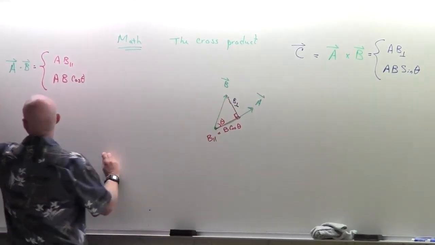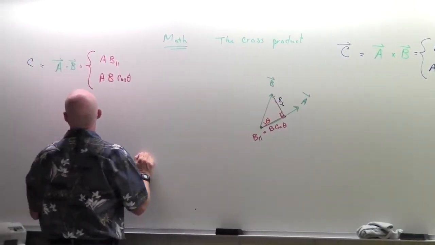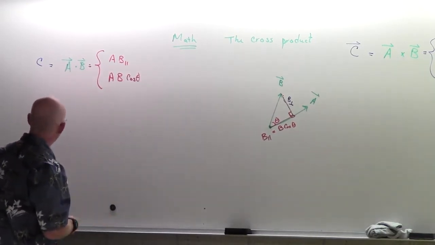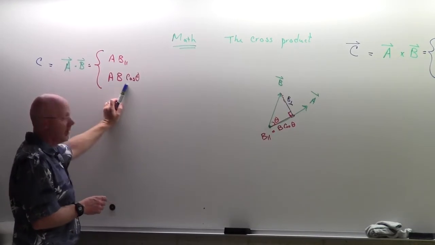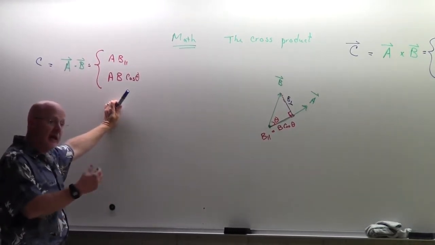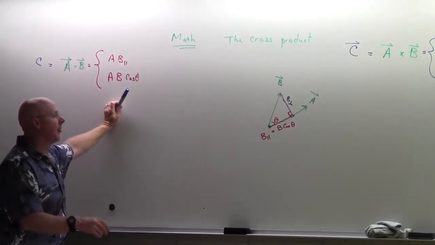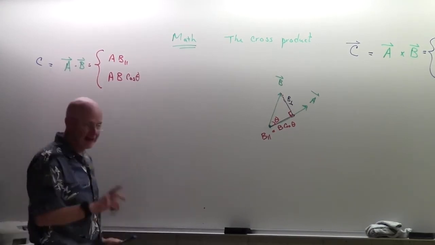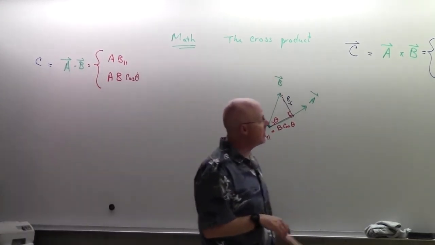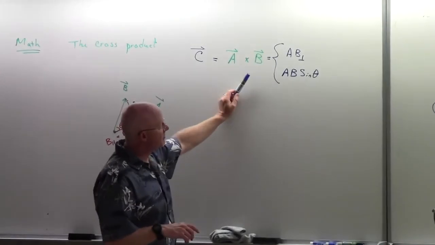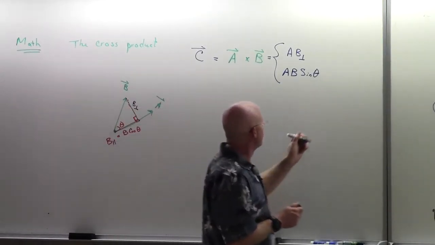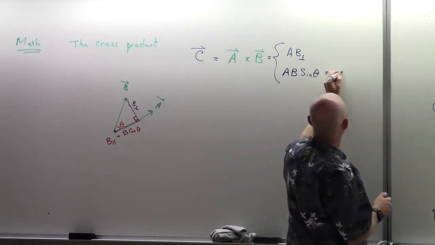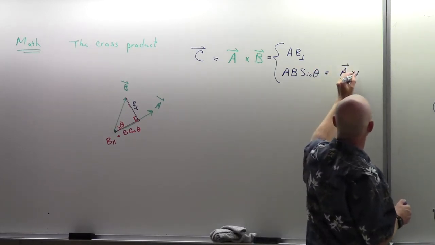When we did the dot product back in chapter 7, we just said that if you took these 2 and you multiply them, you will then get a number, end of story. Here, not end of story. Here, when we do a cross product, this right here is the numerical value of the vector.